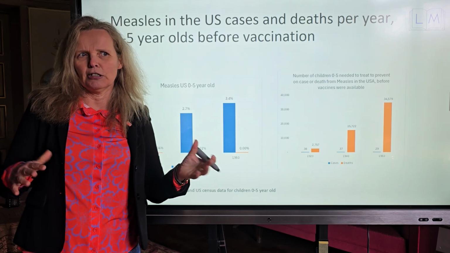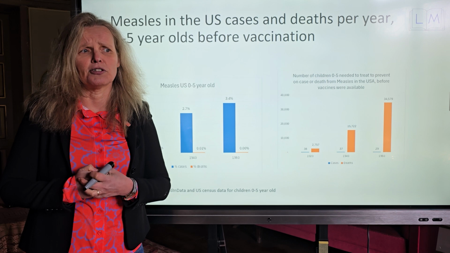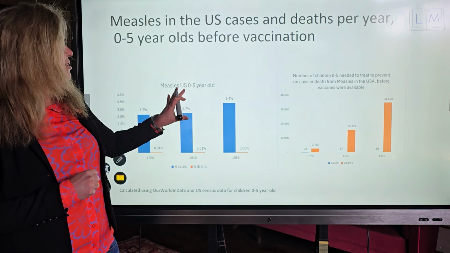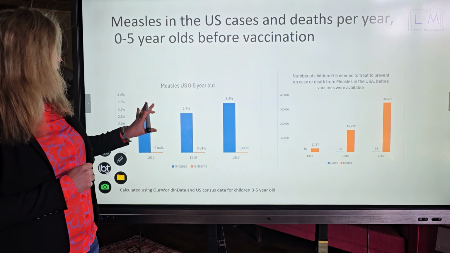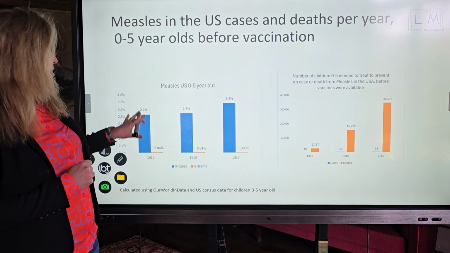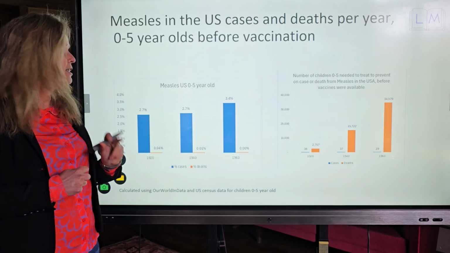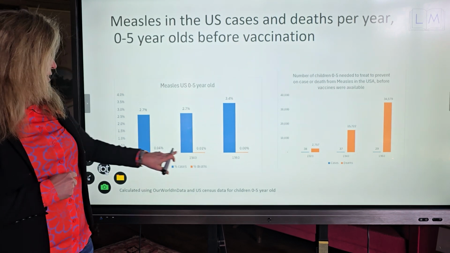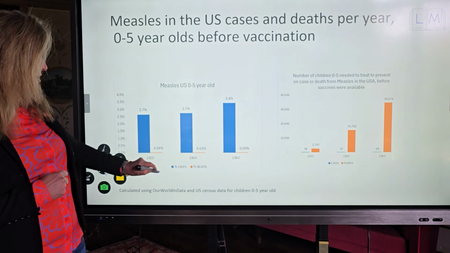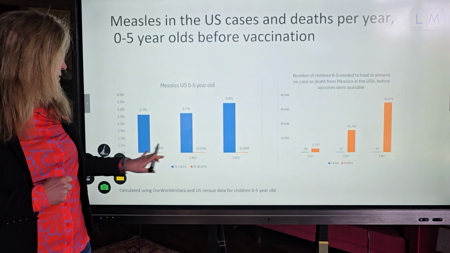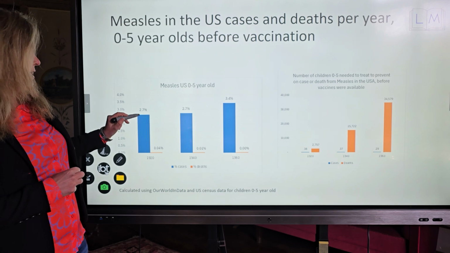We rather want to know whether kids are dying or are having cases of measles. So this is expressed before vaccination. The percentage of the 0 to 5-year-olds having measles in 1 year in 1920, 1940, and 1960. And the blue is the cases, and the red is deaths. Well, there are no deaths. It's hardly any percentage.